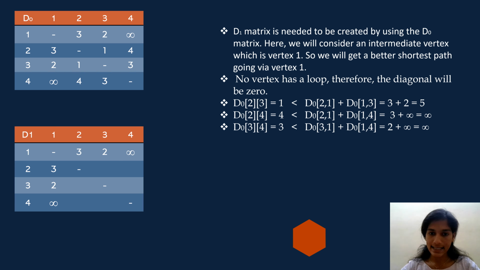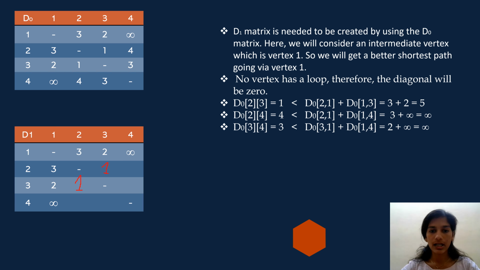So 1 is lesser, and we place 1 here. Similarly, since it is an undirected graph, 2,3 and 3,2 are similar, so we give 1 here.